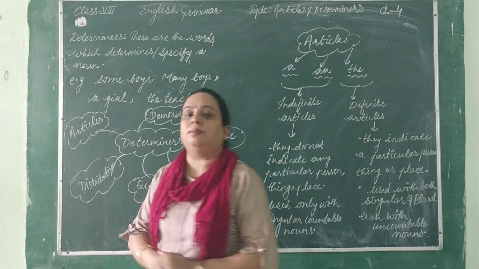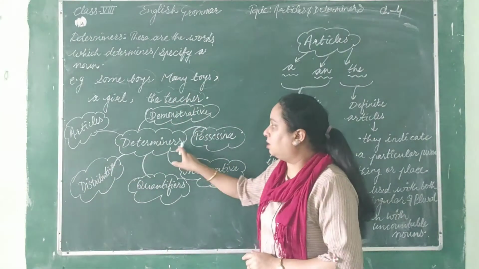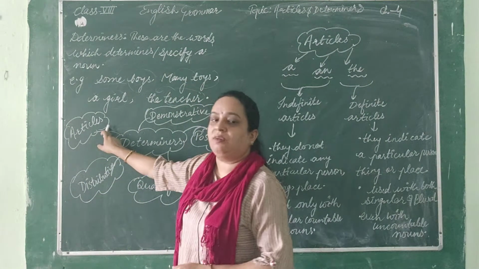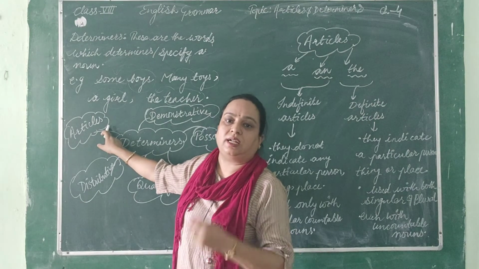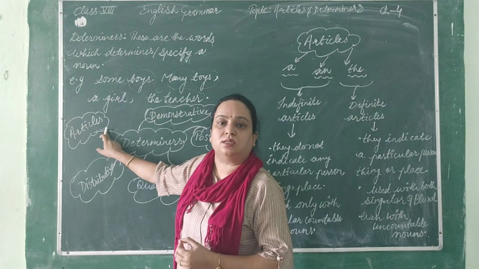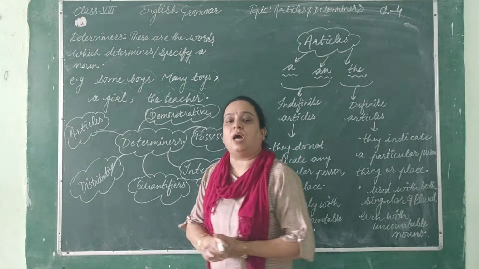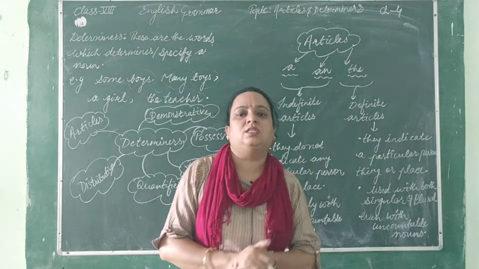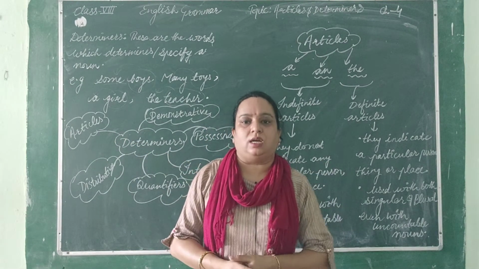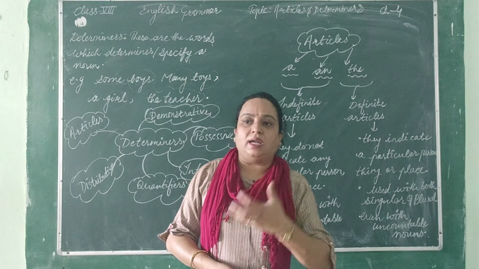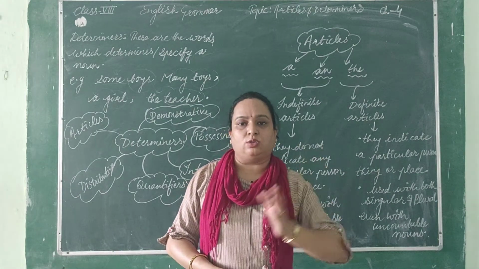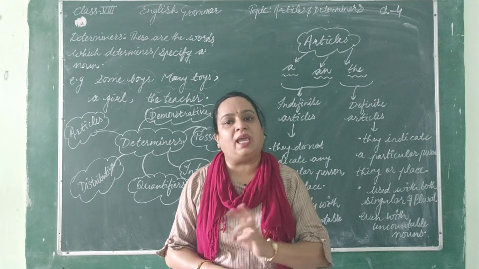So if we talk about the kinds of determiners, right? Number one, we have to do articles, that is article determiners. We have had this chapter since our first class, we can say. Articles we have done there also, and we learnt about a, an and the.